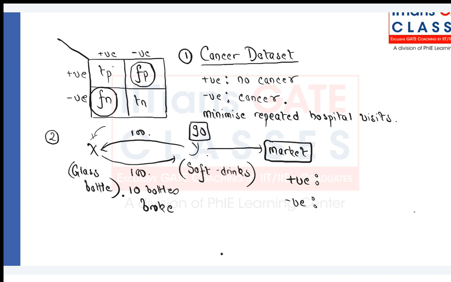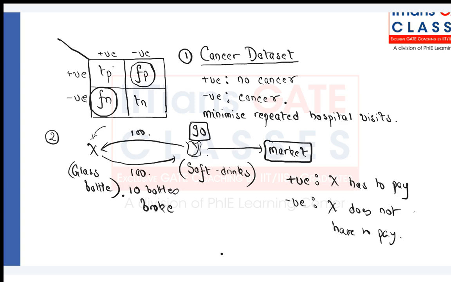So positive would mean that X has to pay, and negative means X does not have to pay, right? So a false positive would mean that actually X does not have to pay, but your model says that X has to pay. That means Y is actually profiting here. That is a false deduction claim, right?